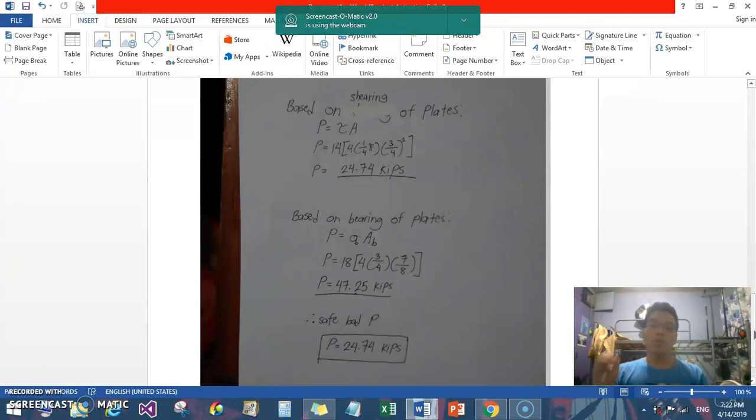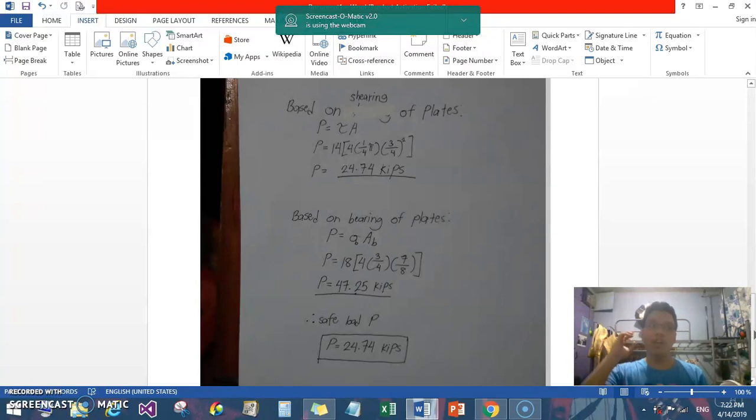Now, why did we not choose 47.25? The reason is that the shearing of the plates can only withstand 24.74 kips, and when 47.25 kips is applied to it, it is not safe anymore.